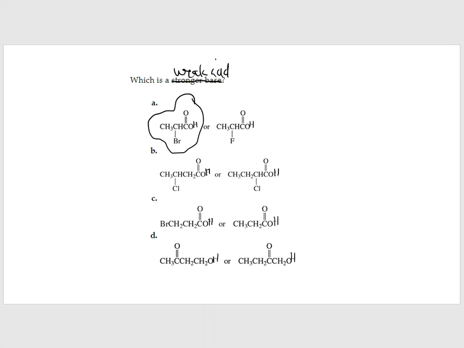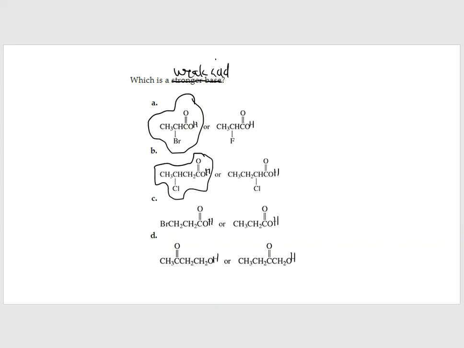Here, the difference is the chlorine position. Chlorine is closer to that hydrogen here, and chlorine is further away from that hydrogen in this first example. Because this is closer to that hydrogen, this one's going to be the strongest acid, which means that this one is the weaker acid, or stronger base.